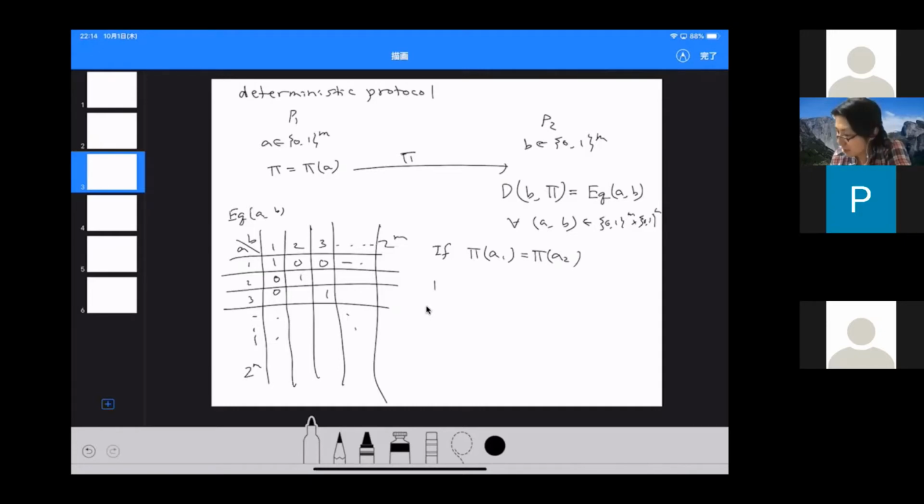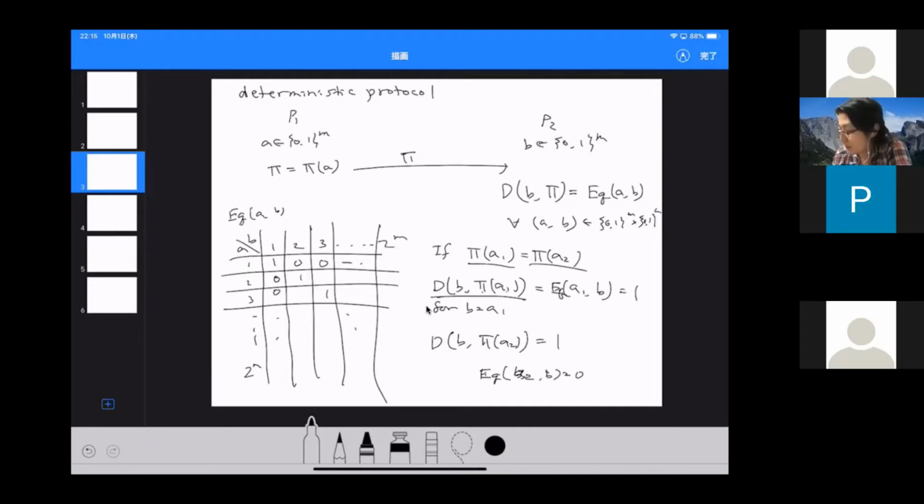In fact, if the output for the message pi of A1 coincides with the equality function for b equal to A1, then this value must be 1. But because pi of A1 coincides with pi of A2, the output must also be 1, whereas the equality function for A2 and b must be 0.